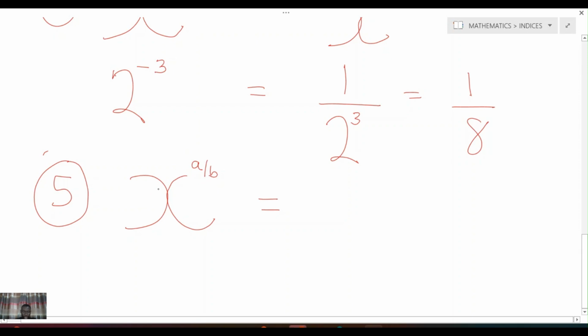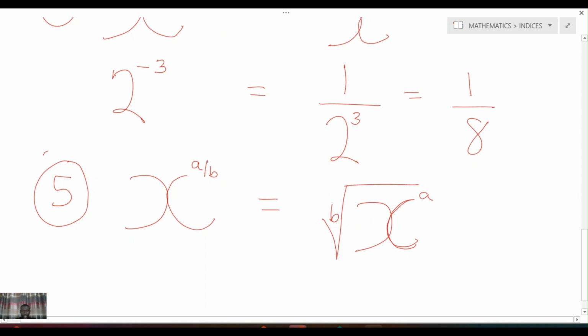So this can be expressed as the b root of x, the number, raised to power a.